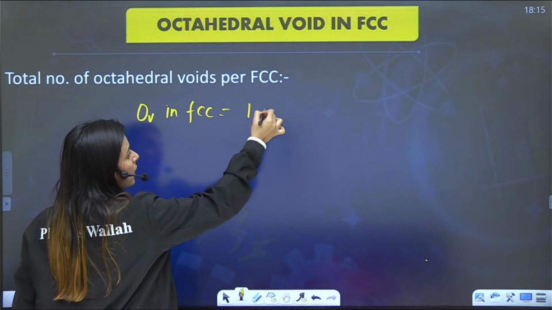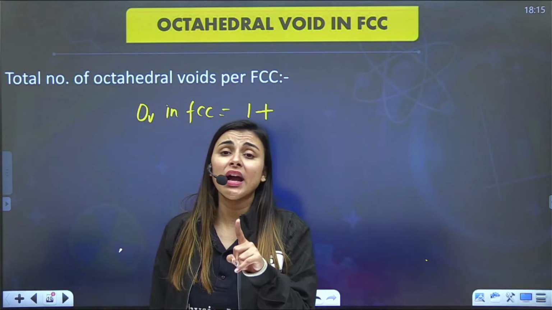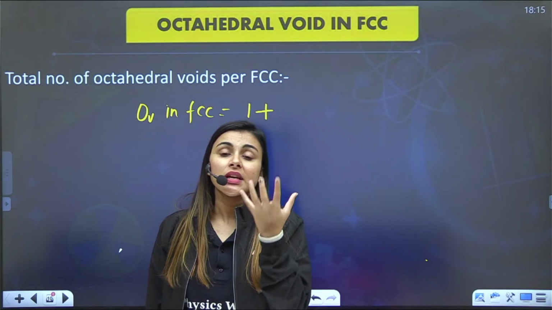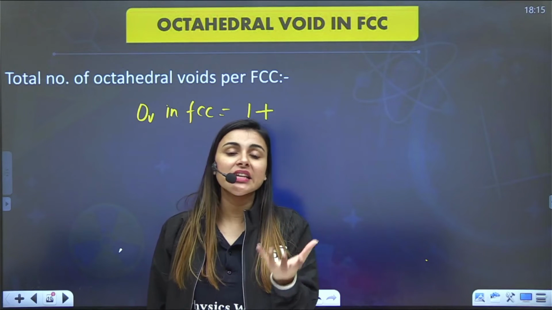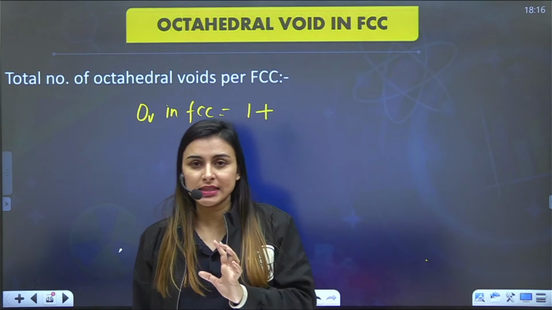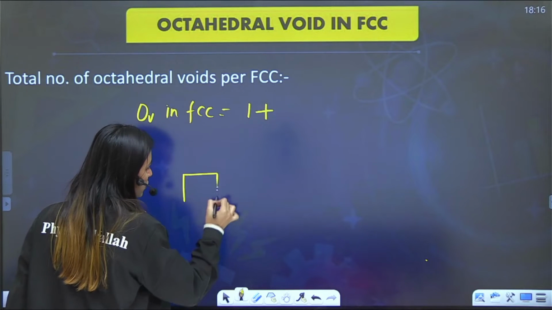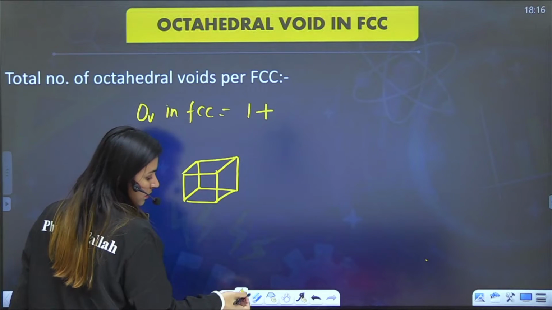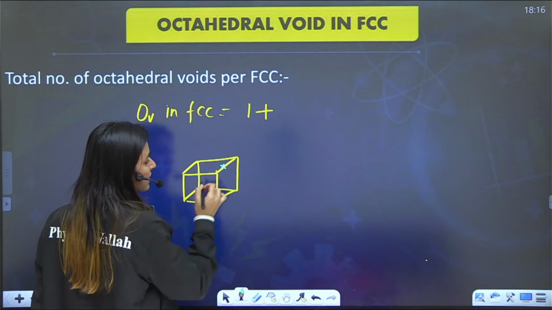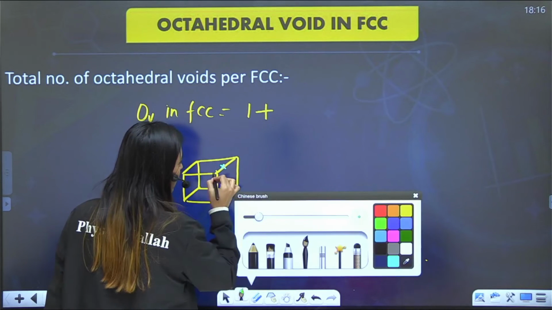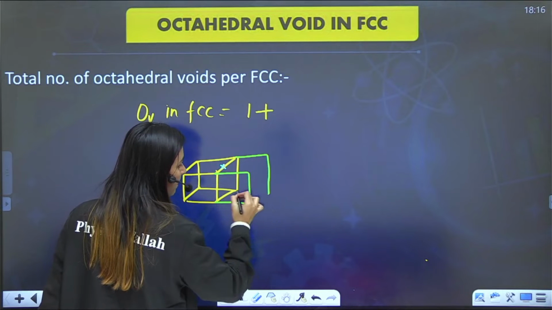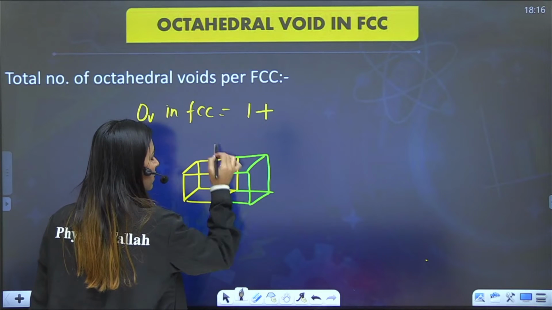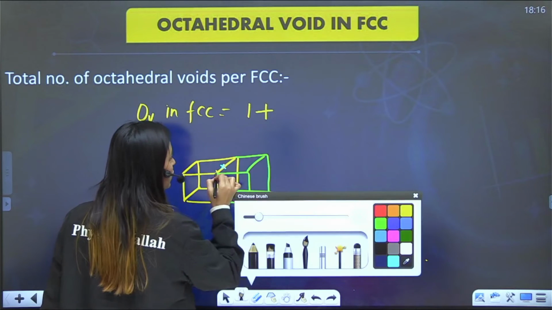So the contribution is 1 plus, my dear students, you have 12 edges, and on each edge an octahedral void is present. Now let's see what is the contribution of an edge in a unit cell. Okay, so let's say that this is an edge. If we talk about this edge, my dear students, where all is it shared? One with the adjoining unit cell, the other it is shared with the unit cell above it.